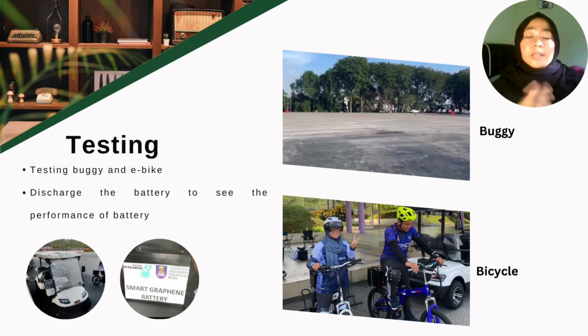One of the activities that I did during my internship in Renewable Energy Lab is testing. The testing was about batteries, and the batteries were applied on a buggy and a bicycle. We call the buggy an e-buggy and the bicycle an e-bike. In the test, I helped the team discharge the battery to see its performance.